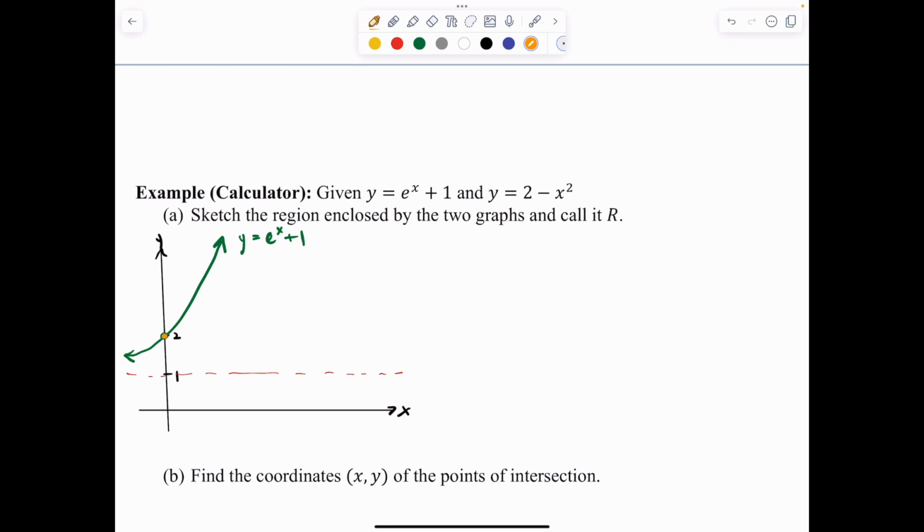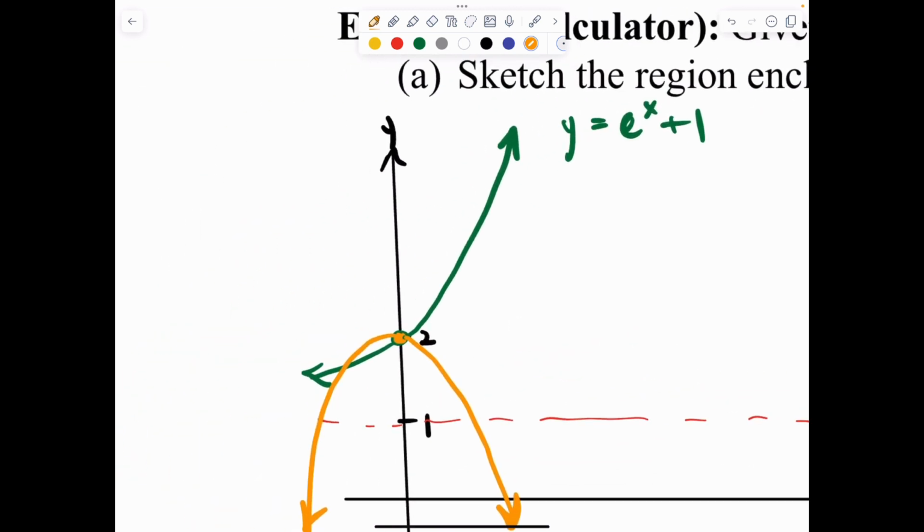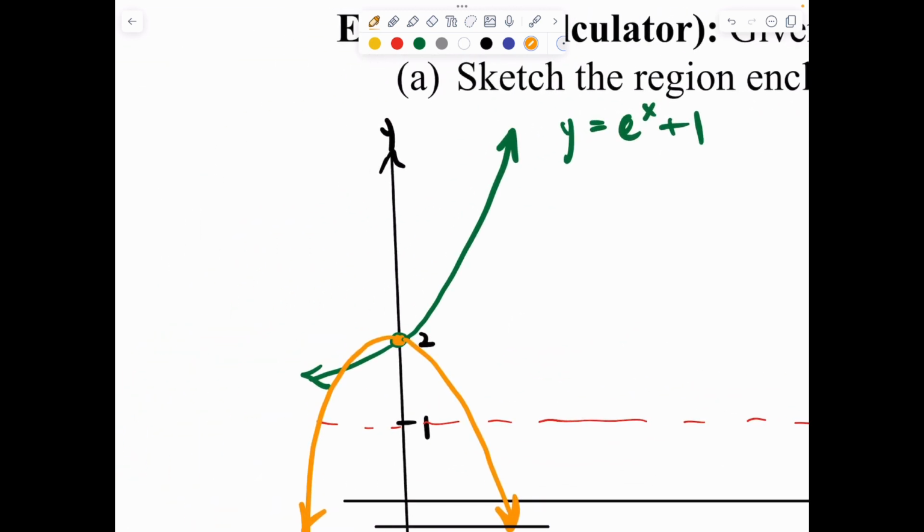And this is calculator active, so you could always peek at what the graphs look like, but this is going to come down over here. There's going to be a region. Let me fix that.